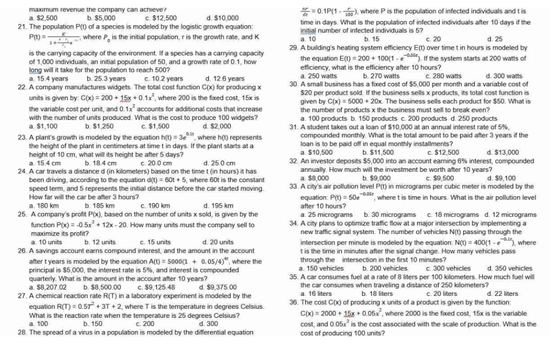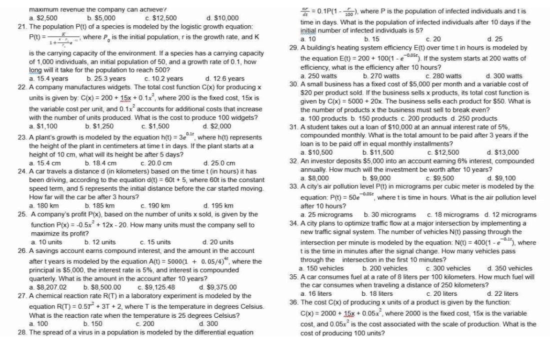So we have x equal to negative b over 2a, where a is negative 0.5 and b is 12. After that, we substitute. The answer is equal to 12 units. Letter B.